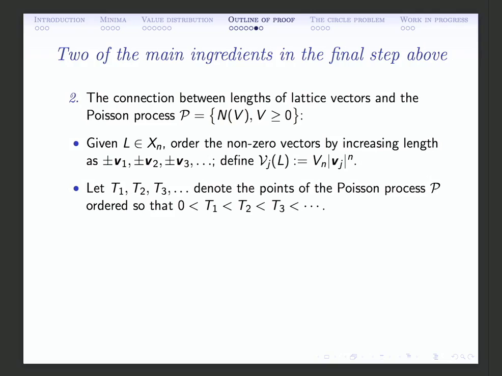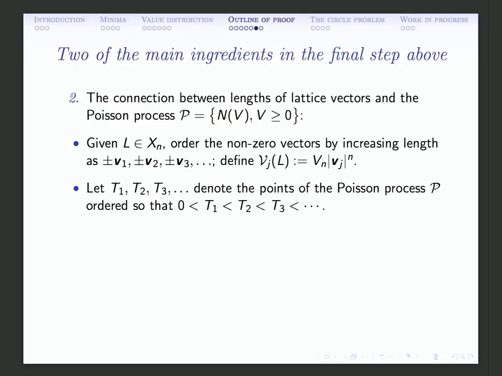And I don't only take the vectors, I normalize them in the following way. I take script Vj to be the volume of a ball having the lattice vector Vj as a radius. So instead of looking at length, I rescale and look at volumes. And that's what I call script Vj.